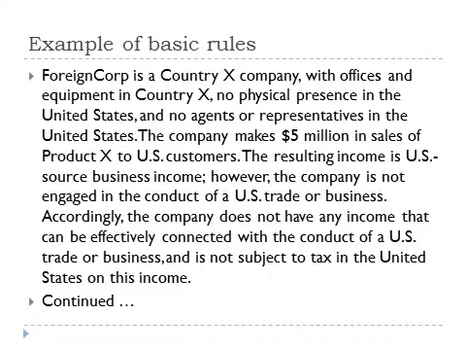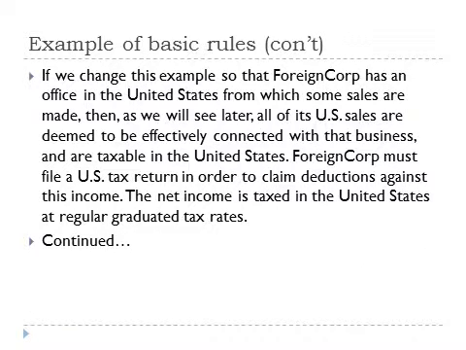The resulting income is U.S. source business income. However, the company is not engaged in the conduct of a U.S. trade or business. Accordingly, the company does not have any income that can be effectively connected with the conduct of a U.S. trade or business and is not subject to tax in the United States on this income. This example is continued on the next slide.